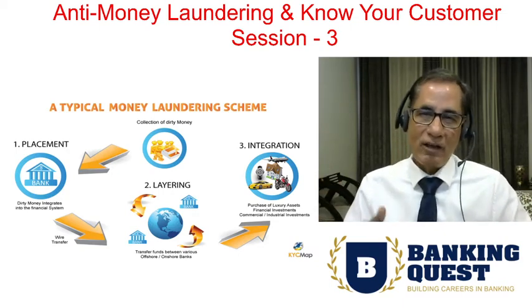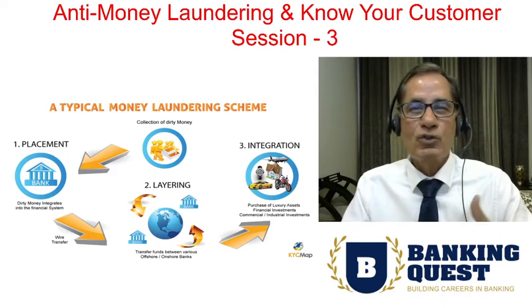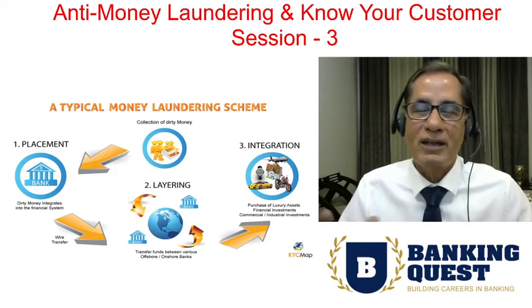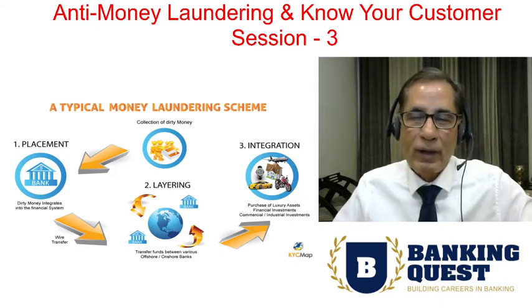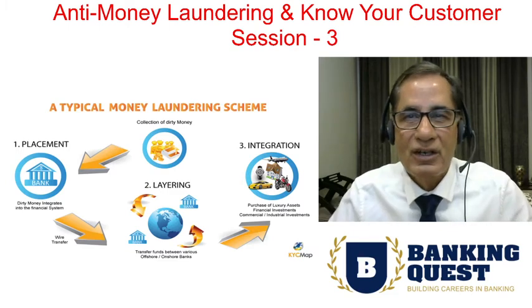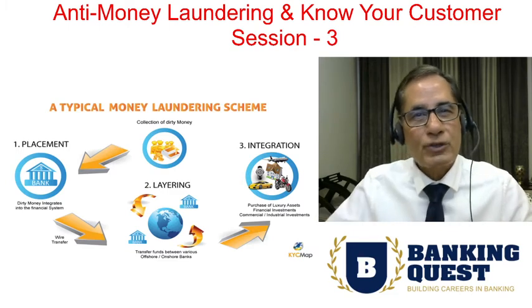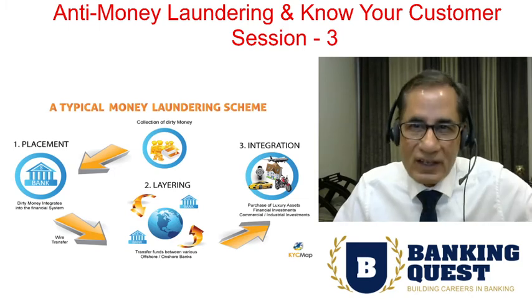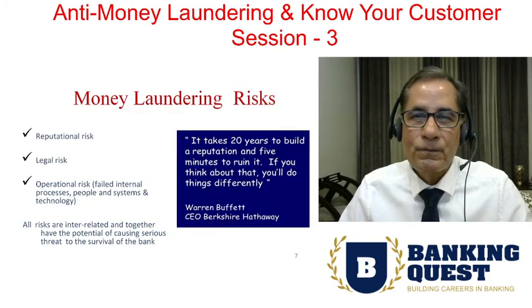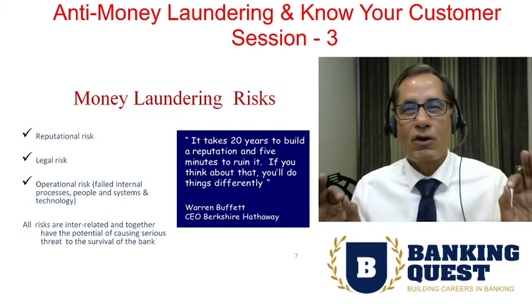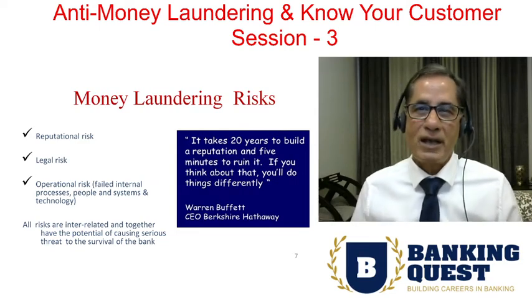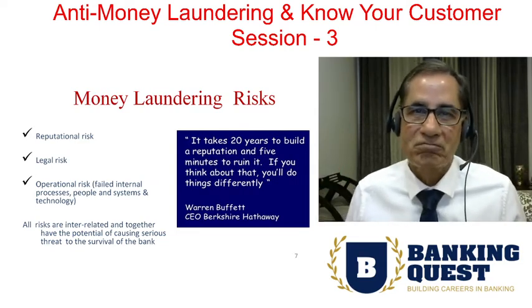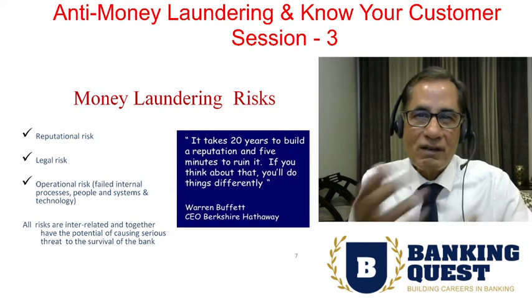So, friends, if money laundering is going on through our banking system, why are we bankers so concerned that money laundering should not take place through our banking system? What is the risk to the bank? Banks are not producing anything. Banks are not manufacturing anything. Banks are simply providing services.